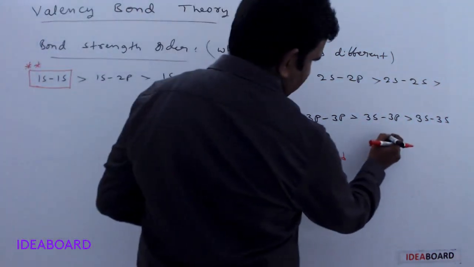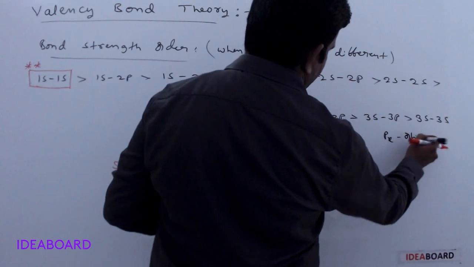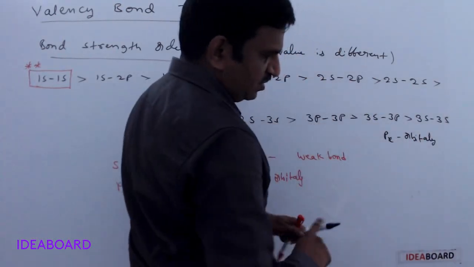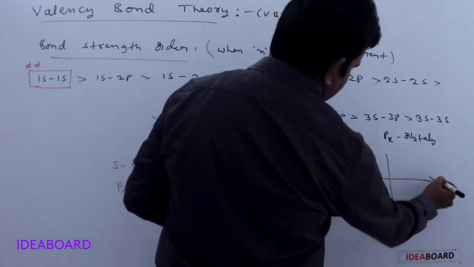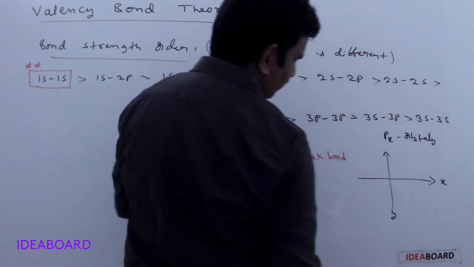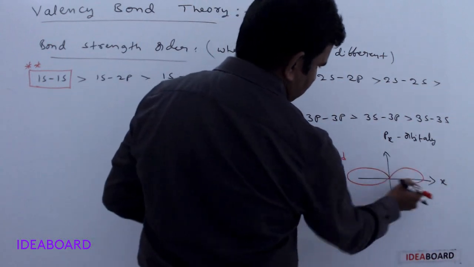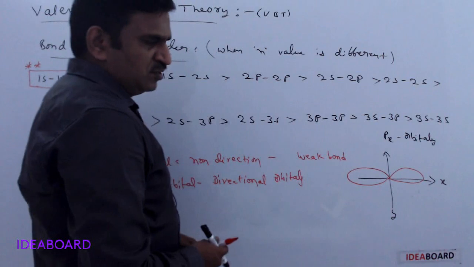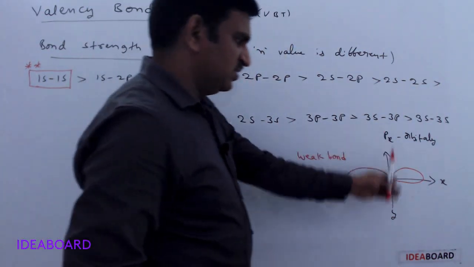We have three p orbitals: px, py, pz. How can we represent px orbital? For example, this is the x-axis and this is the y-axis. Then the two lobes are along the direction of the x-axis. This is indicating px orbital. So we can't get lobes in the py orbital direction or y-axis direction.